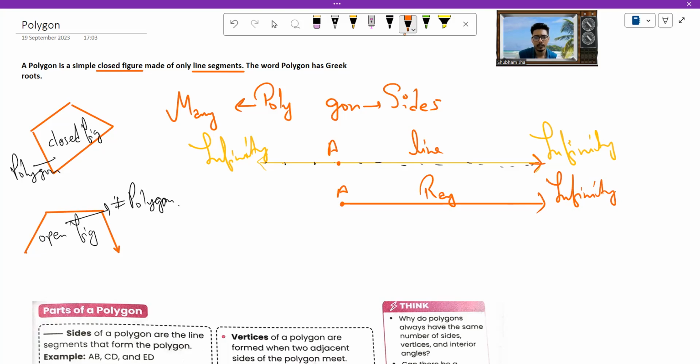So if we take another point here, B, and this point is a definite point, means we can measure the distance between A and B. This is my B. Now basically this AB is a part of this line. Therefore, we will say it is a line segment.